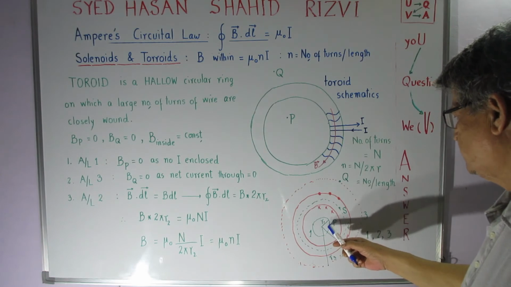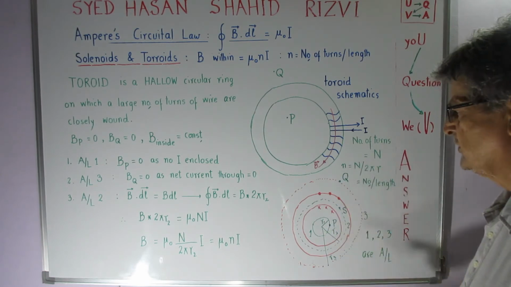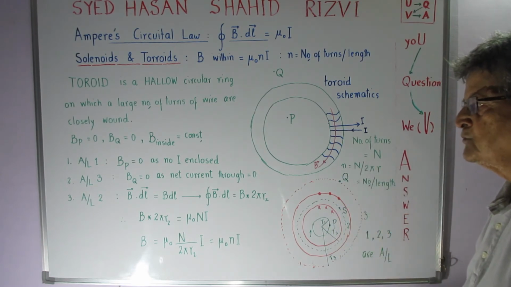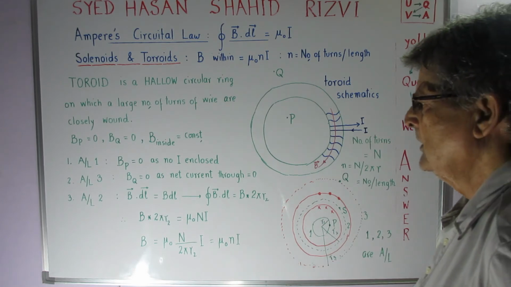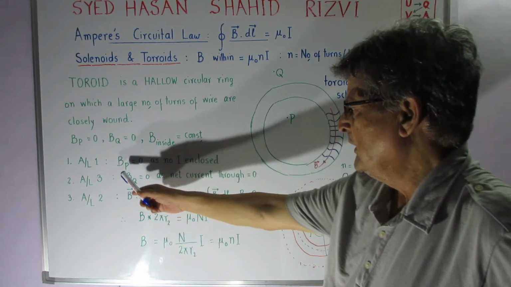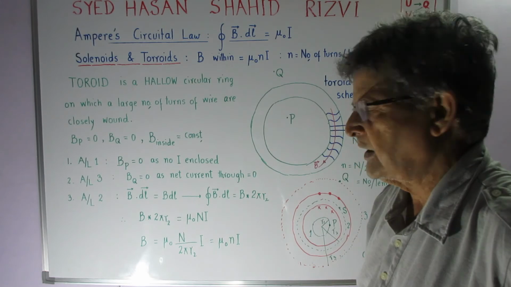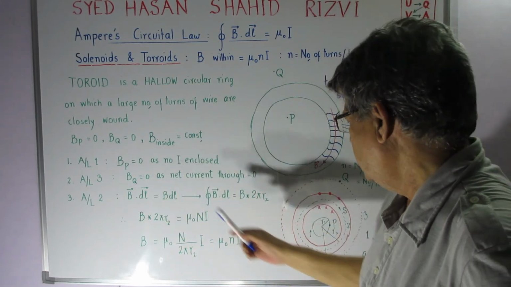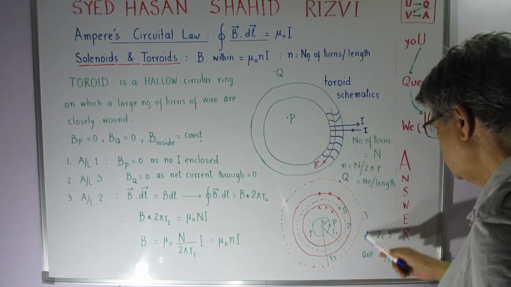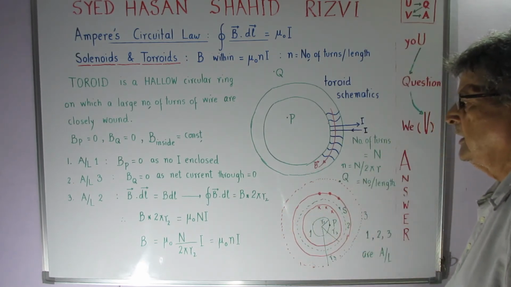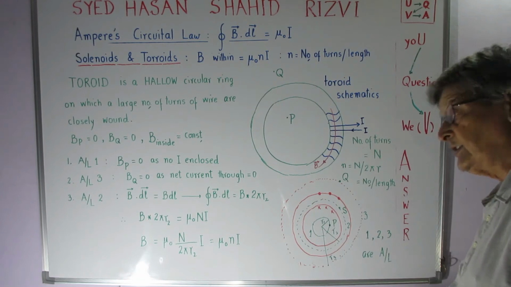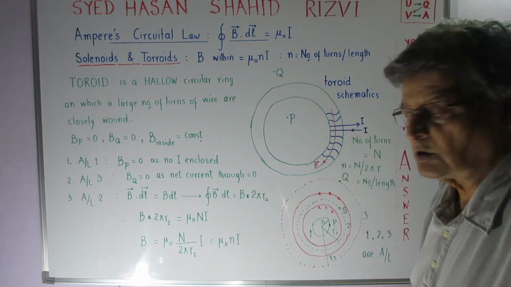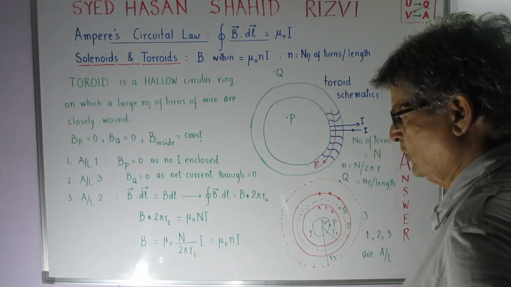So here the point is P, here the point is Q, and here the point is S. In Amperian loop 1, as I said, there is no current enclosed. In Amperian loop 3, the bigger one, B·dl is equal to 0, as the net current through it is equal to 0 for the reasons I have told before.